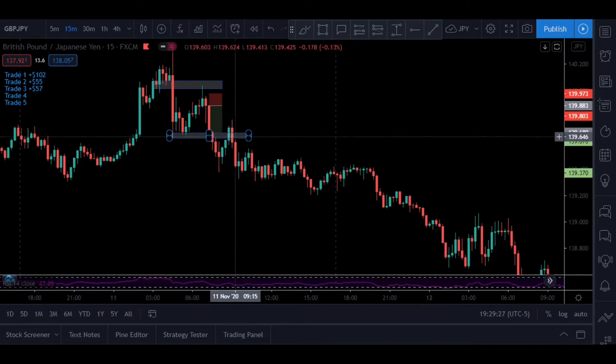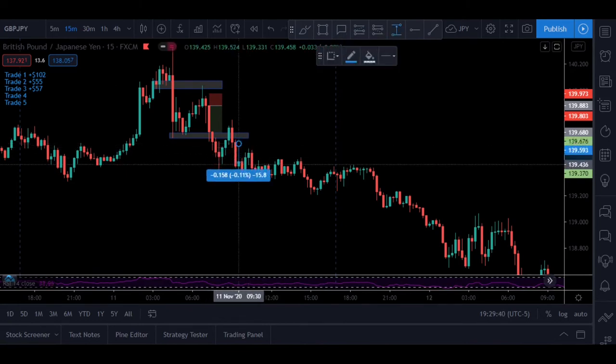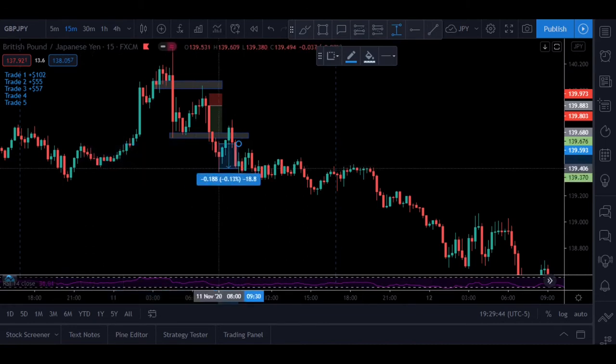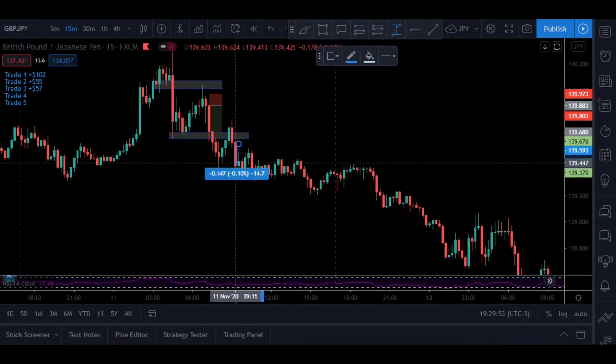Instead we had a bearish engulfing candle closing back below, and we had space, clean traffic to the downside. We had 15 pips, because this was the low, and stop loss could have been just above this candle, the body, 13 pips. So it was another good trade, guys.